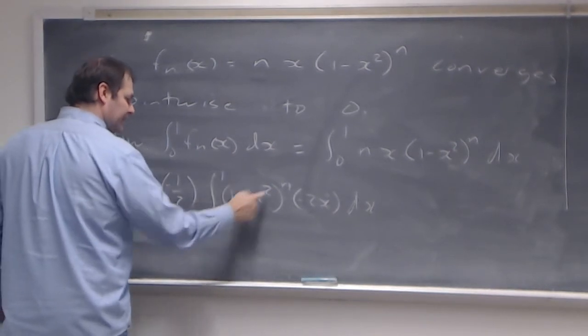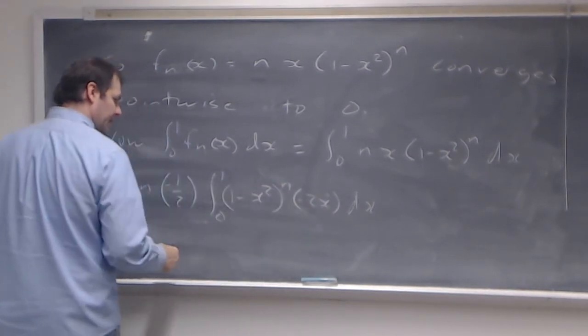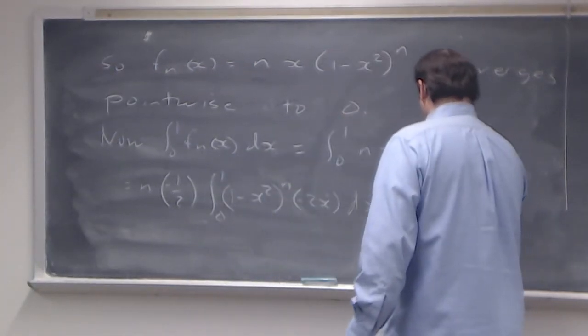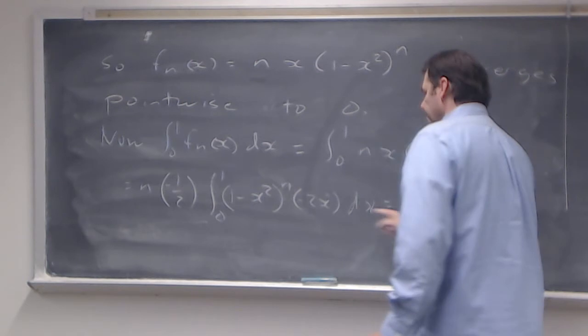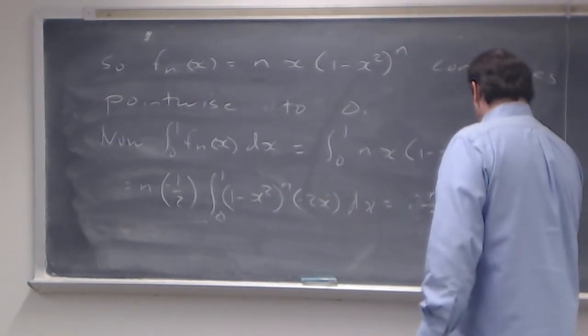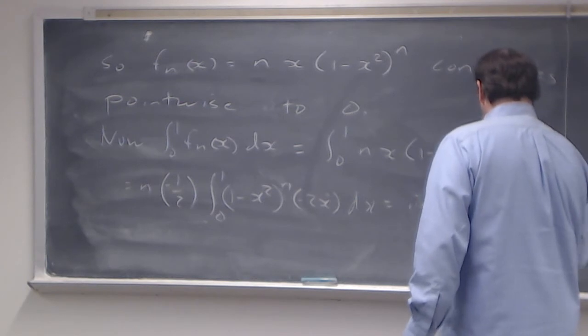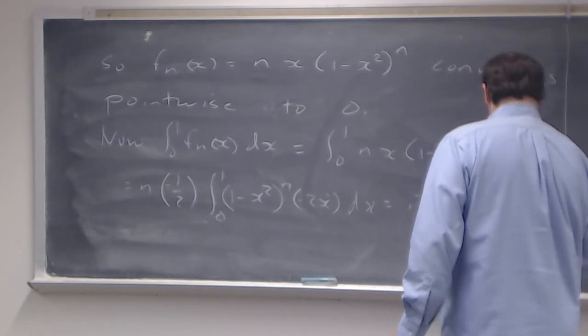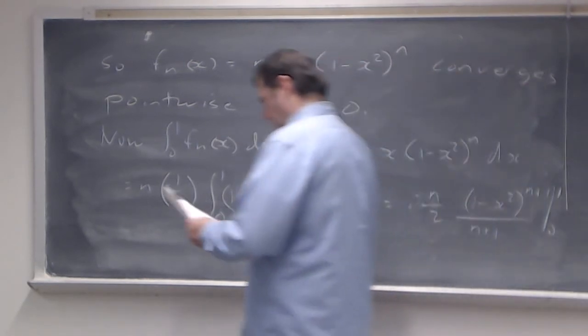From 0 to 1. Now I have something raised to a power times the derivative of the something. And the answer to that, in terms of integration, is minus n over 2, well, that's outside, and here, this would be the something raised to one higher power all over that new higher power. And I have to evaluate that from 0 to 1.